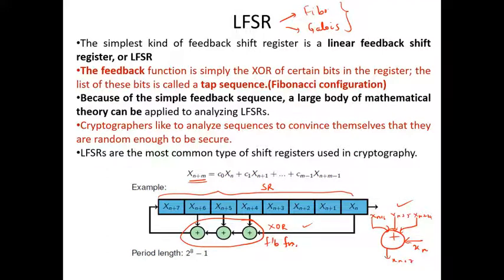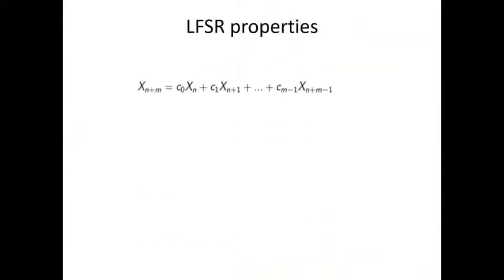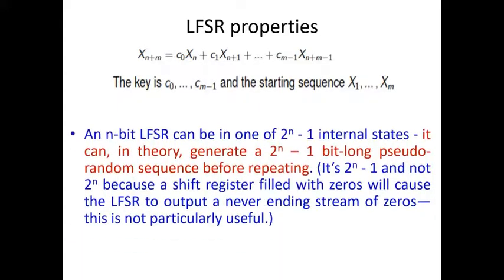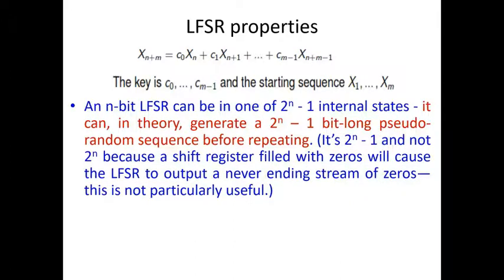The most common type of shift registers used in cryptography are LFSRs, as I told you. And there are some important properties for LFSRs. As I told you, the coefficients are also called the key, C0 to C(m-1), and the starting sequence is important.